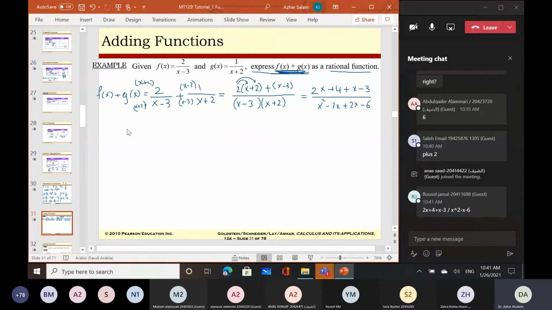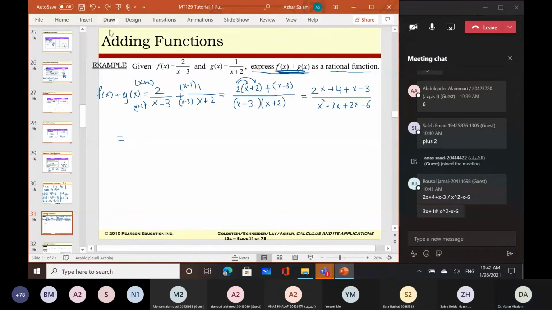Now to simplify, I arrange all the x terms to the power 1 together and add their coefficients. 2x plus 1x will be 3x.